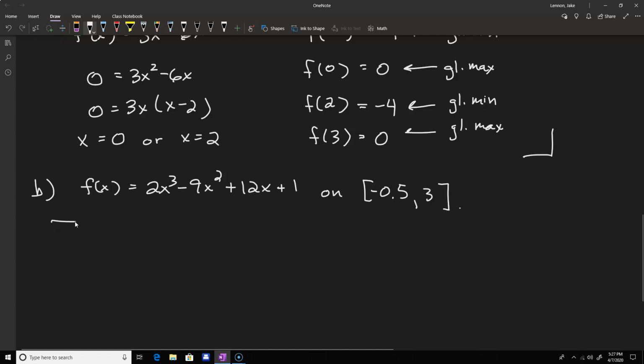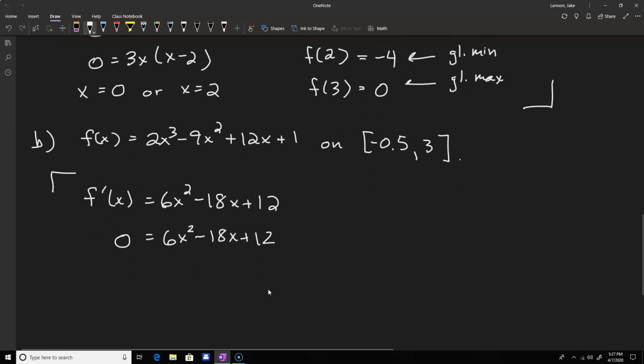Okay, so again, we need to take the derivative. Again, this is a pretty easy derivative. We're just applying the power rule over and over again. So we'll end up with 6x squared minus 18x plus 12. Set that equal to 0. And if you notice, all three numbers are divisible by 6. So we can start by factoring out a 6 to make factoring a bit easier.